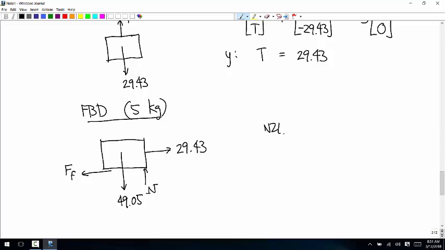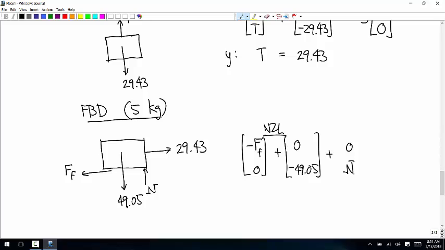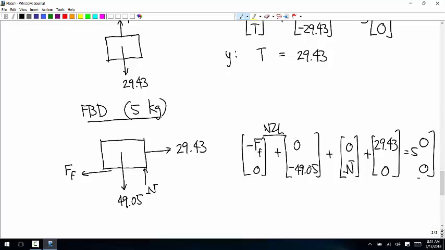So Newton's second law says negative F_f plus 0, negative 49.05 plus 0, positive N plus 29.43 plus 0, and that's equal to the mass times, we're assuming it's at rest, so 0 acceleration.